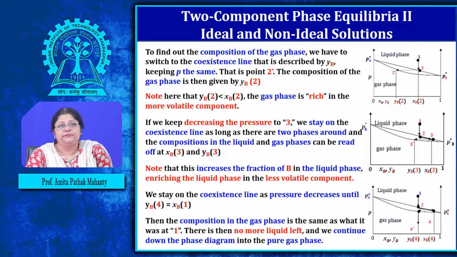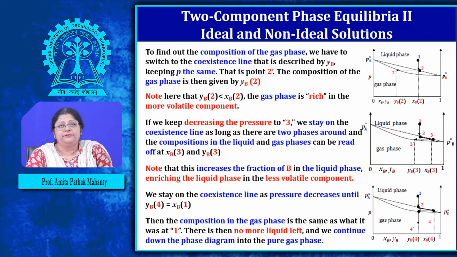For the same point, when I take the same pressure condition and let it hit the dew line, wherever it intersects, I get the mole fraction of the component B in the vapor phase. And I say that the mole fraction of component B in the liquid state is greater than that of component B in the vapor state.